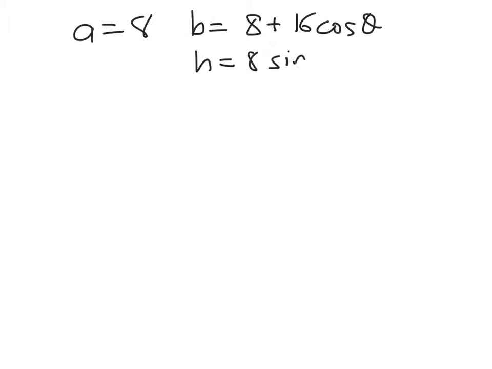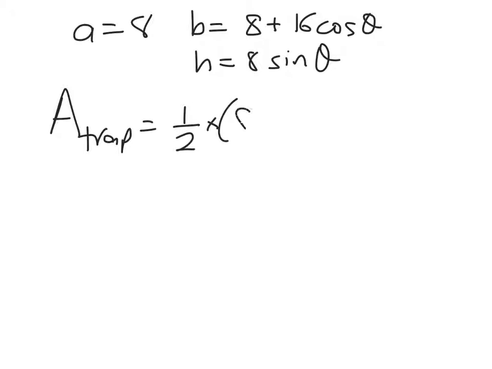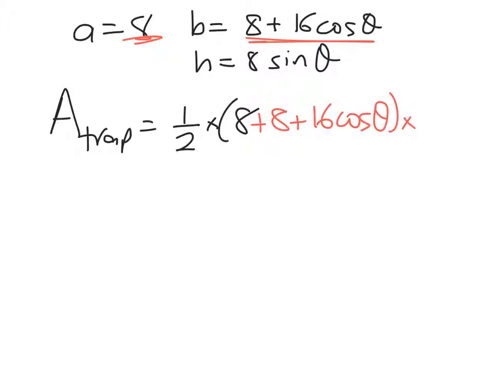So now we've nearly got enough to get going on our differentiation. Right, so we've got a equals 8, b equals 8 plus 16 cos theta, and h is equal to 8 sine theta. That gives me a nice expression for the area of a trapezium, which is going to be 1/2 times 8 plus this one, 8 plus 16 cos theta, times 8 sine theta.